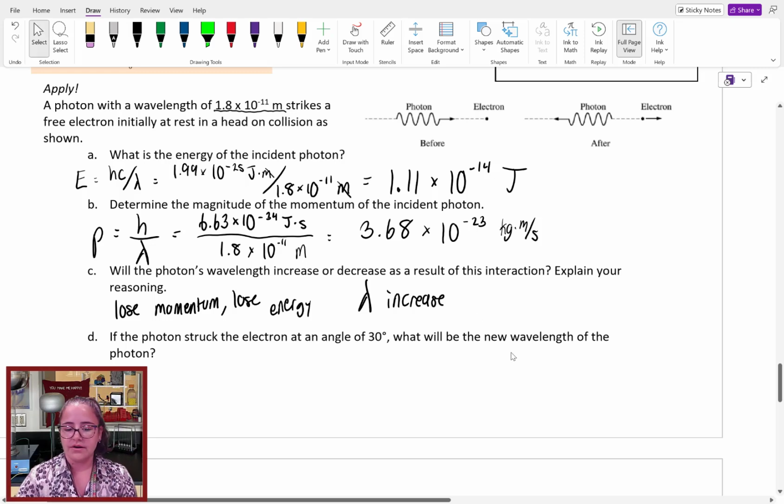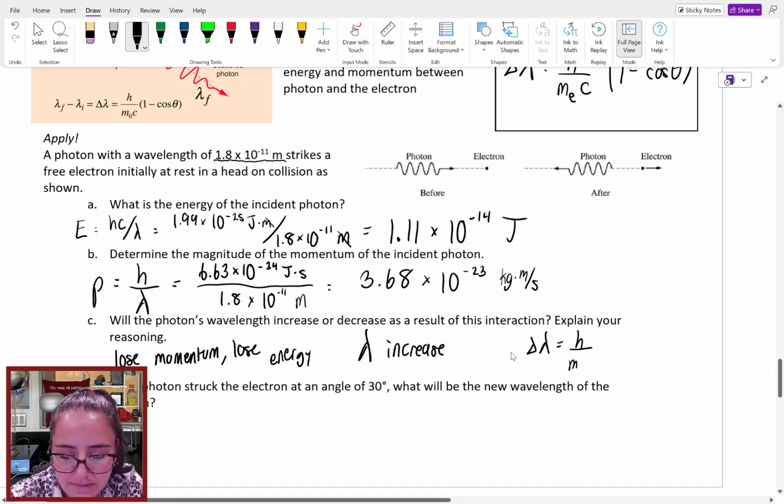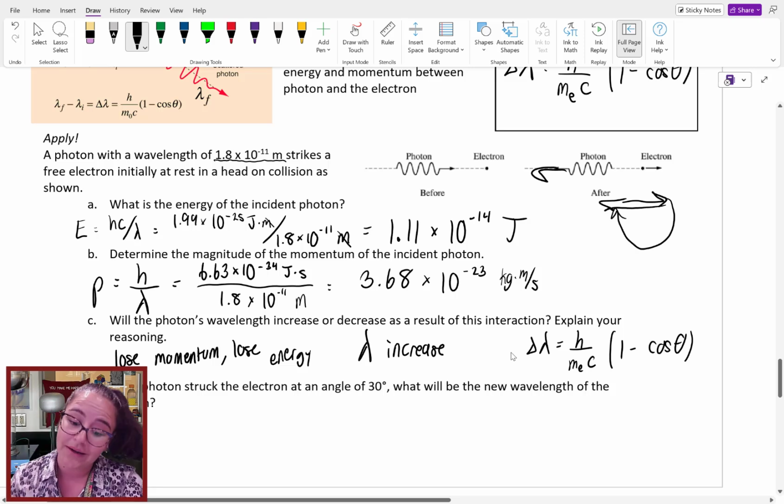Another way that you could look at this is through the equation. The change in the wavelength equals h over the mass of the electron times c, times 1 minus cosine of theta. Now, if that photon's traveling back in the other direction, all the way back, we call that a full 180.